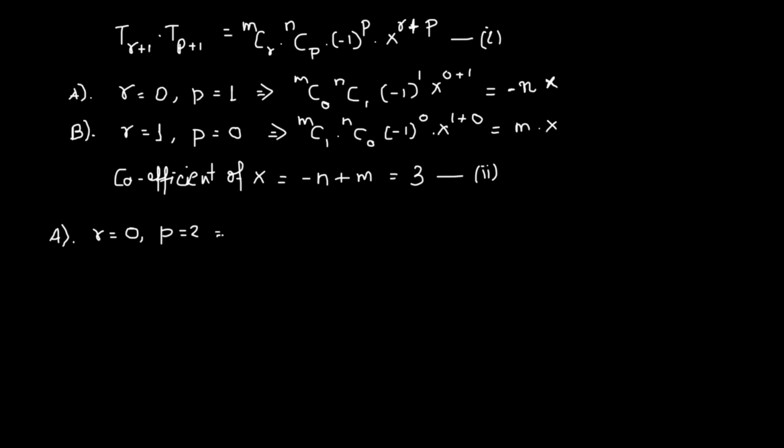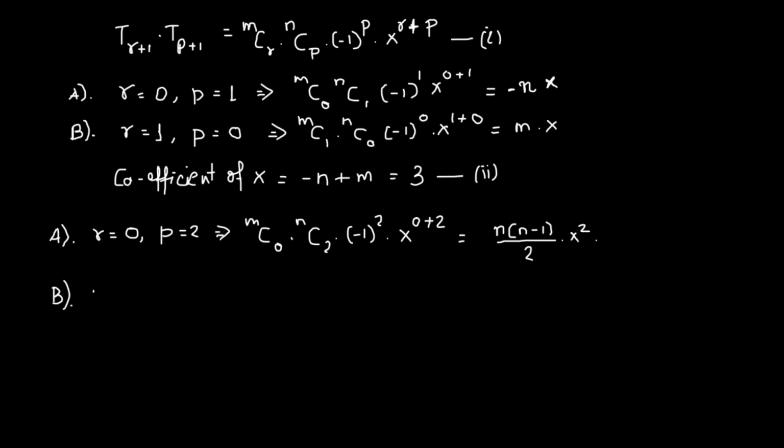So that would mean we have mC0 times nC2 times (-1)^2 times x^(0+2). So that would give us mC0 is 1, nC2 will be n times n minus 1 divided by 2 times positive 1 times x squared. So this is the first possibility.